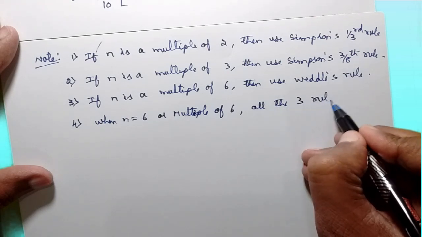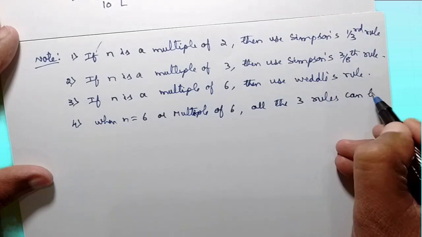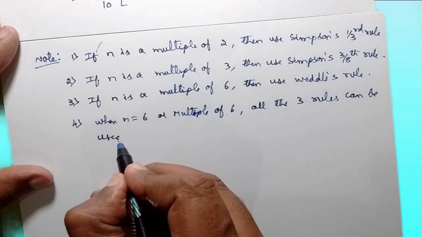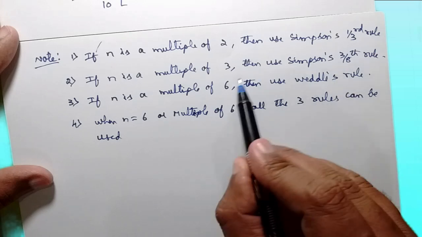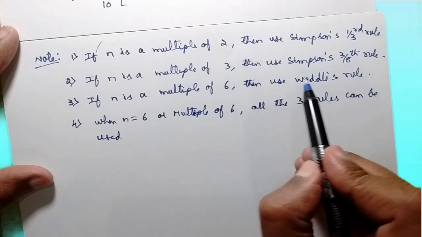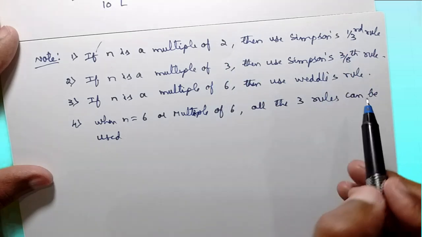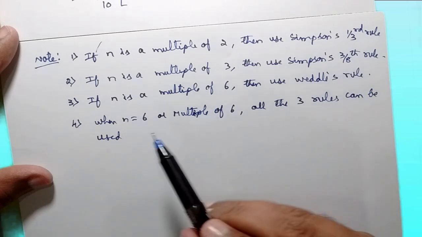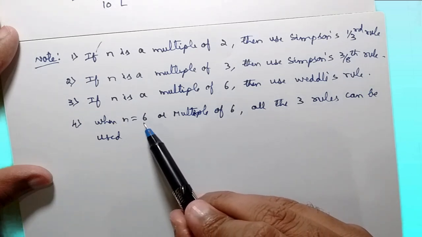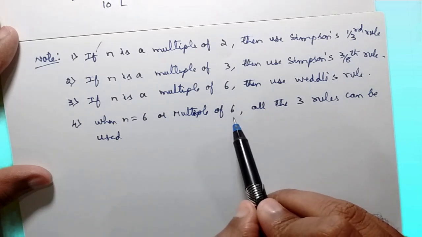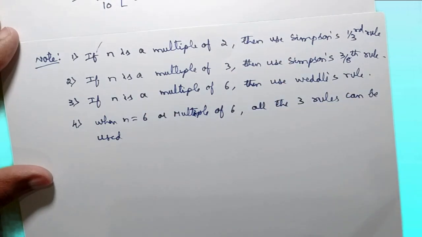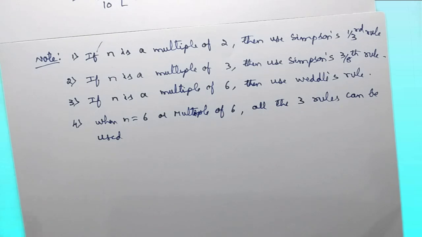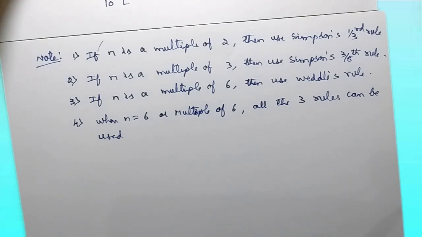So that means in the third case, whenever n is a multiple of 6, you can use all the rules. You can use Verrall's rule, Simpson's 1/3 rule, and Simpson's 3/8 rule, whenever the value of n is 6 or a multiple of 6. Right? These are some important points that you have to remember whenever you are using the 3 rules.